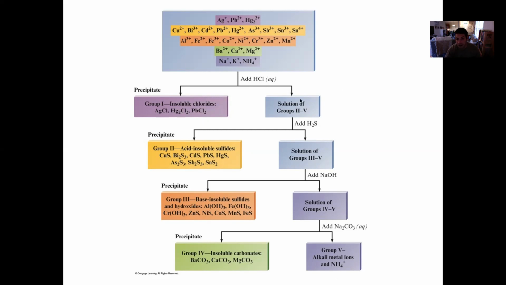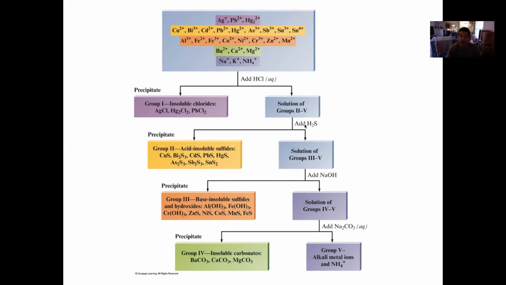So if you add hydrochloric acid to your unknown and a precipitate formed, you know it is one of those 3, either silver, mercury, or lead. All right, and then you can do further tests to try to identify which one it is. All right, but on your first pass, if no precipitate forms, you know you don't have silver, mercury, or lead.